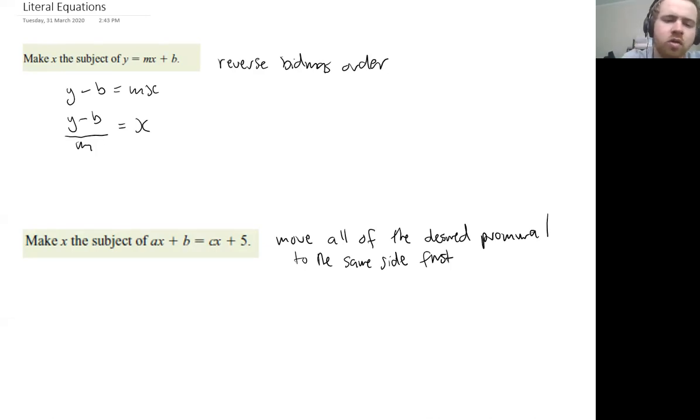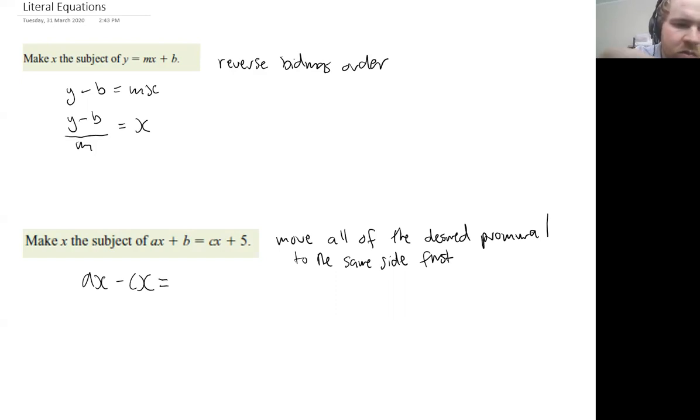So what I'm going to do is move that cx across, and make it minus cx on the other side. Again, don't do any multiplication or division yet. We've got to get the things onto the same side first. So it's going to become ax minus cx. Now at the same time, I can move this plus b across and make it a minus b on the other side.